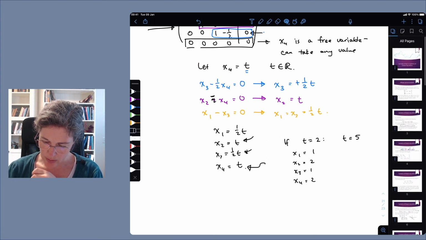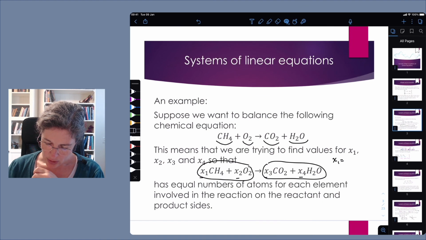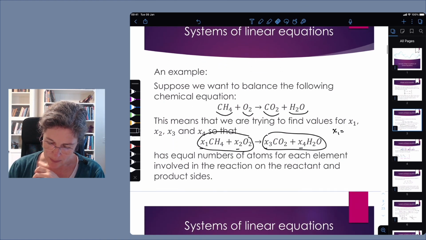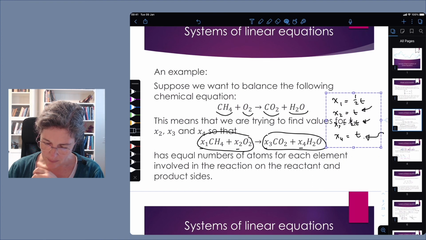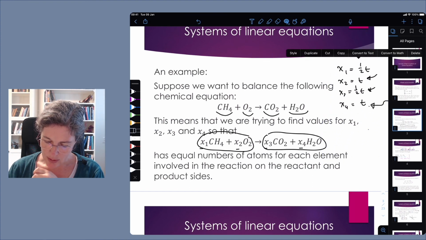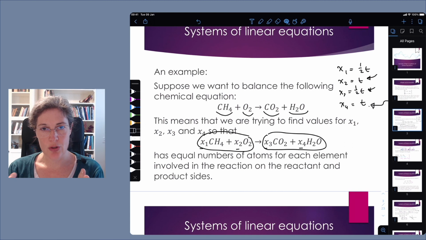Let's try not stepping through all these. So what we were trying to do here was figure out what proportions we need to have of each of our components to make sure that this equation balances.